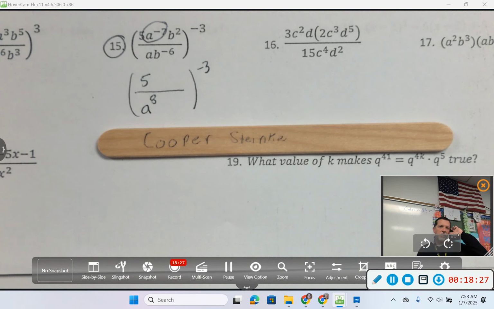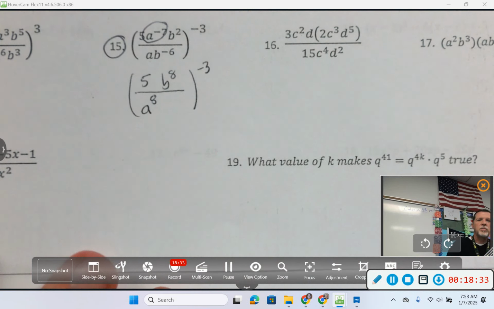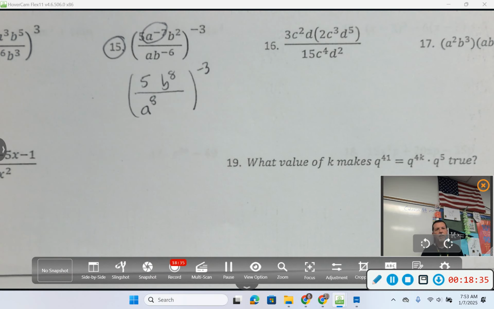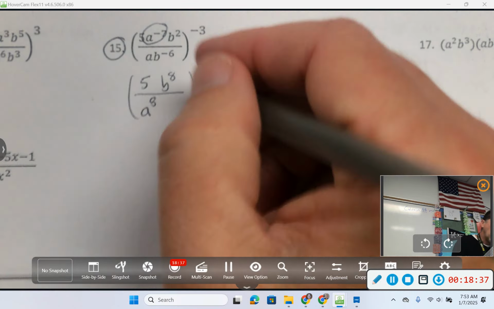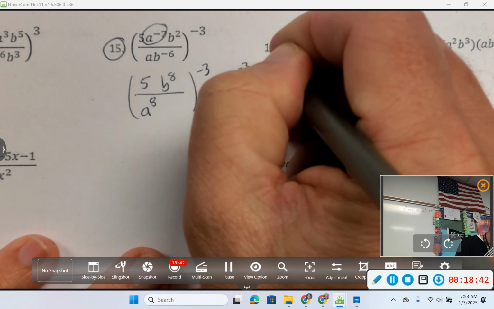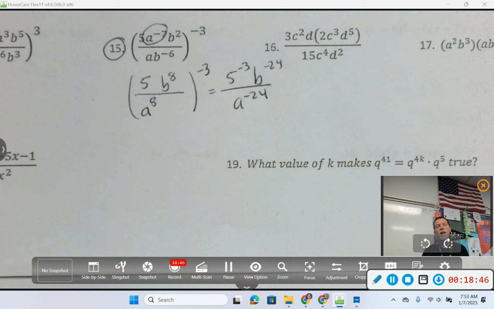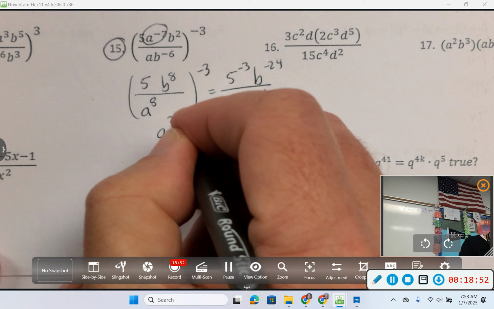Cooper, how about the b's? How many do we end up with? 8. Top or bottom? Leave the 8 in the top. And then everybody can get the -3. And we can't leave negative exponents, so we need to flip those things around. So a to the 24th in the top.